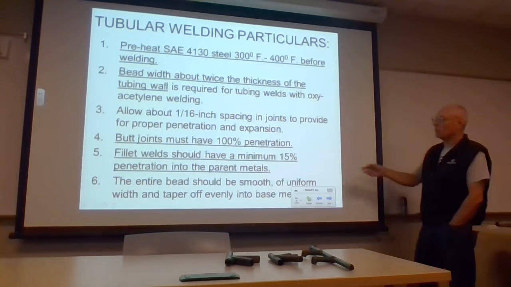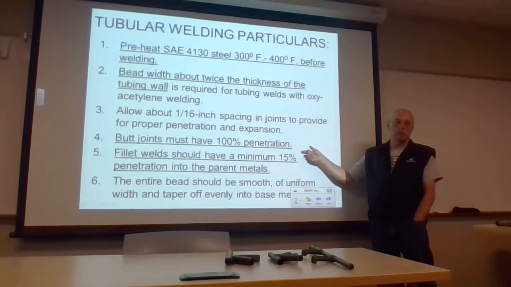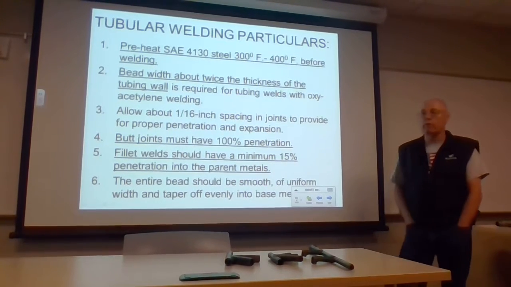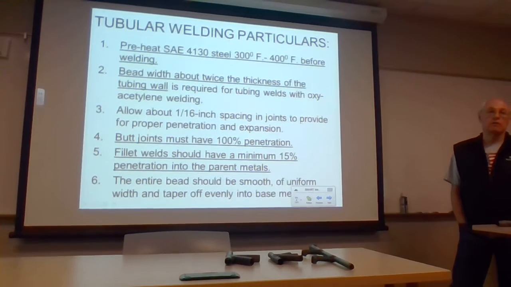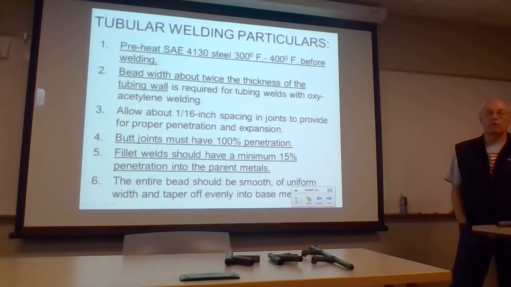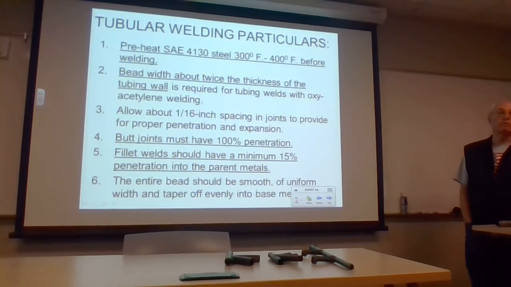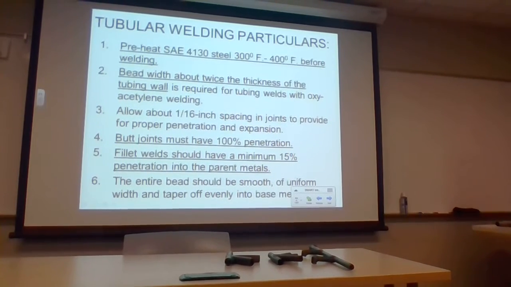If you do have any butt joints in the tubing, and again it's rare to have butt joints when you assemble or repair, any butt joint has to have 100% penetration. You have to have the material actually melted through and fused completely through its thickness, because all you're dealing with is the thickness of the material in constructing the joint.